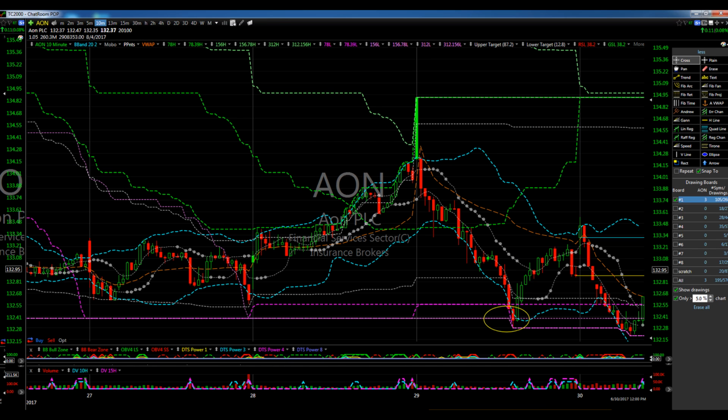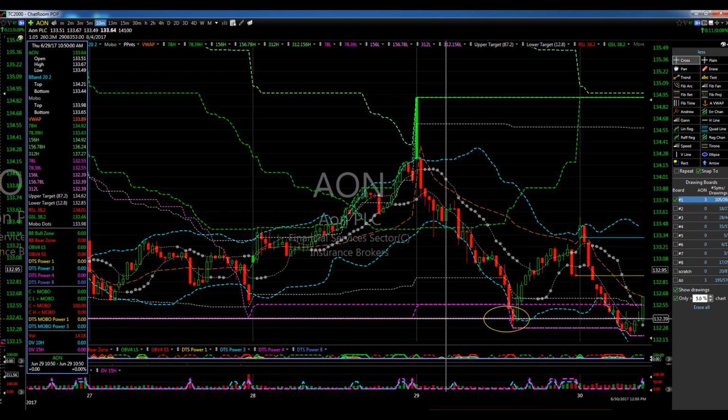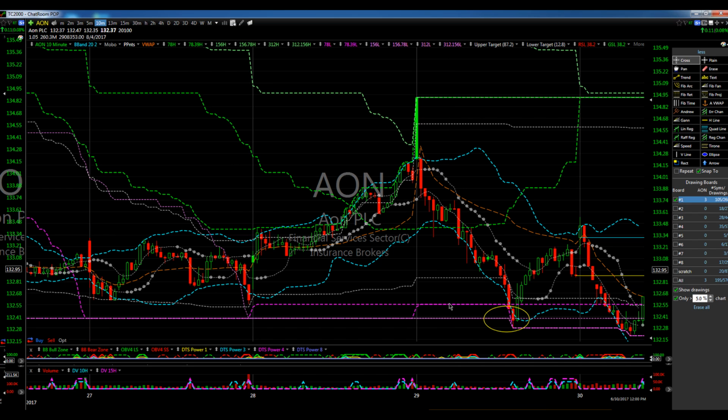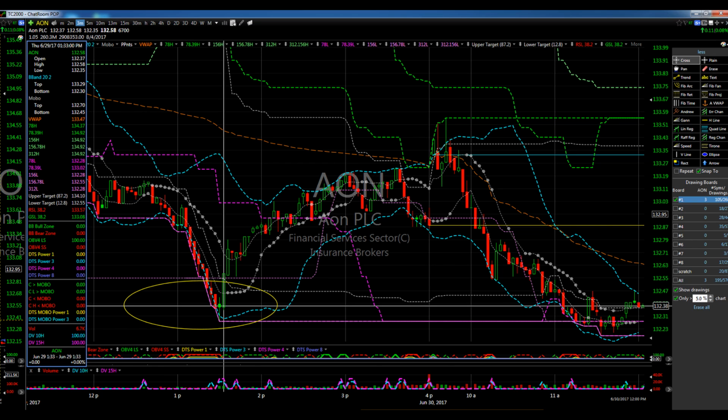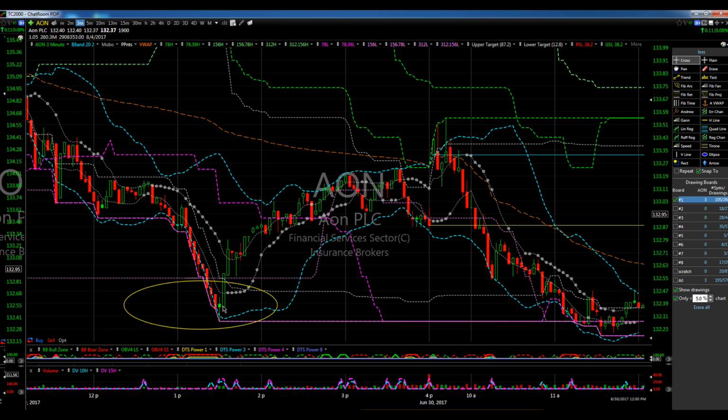This is 132.39. This one's 55. So if you want to take this 39 right here, this bar opened at 37, made a low of 35. So you could actually take this on a 3-minute chart, get the bounce candle.